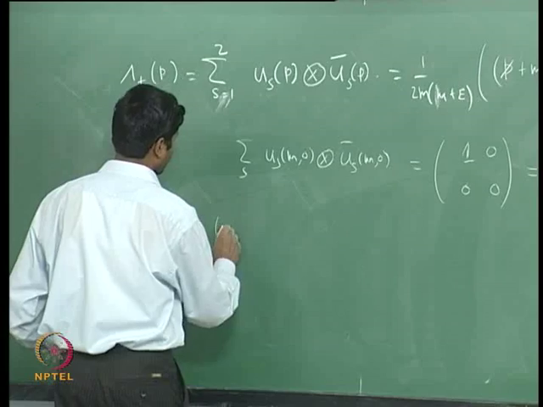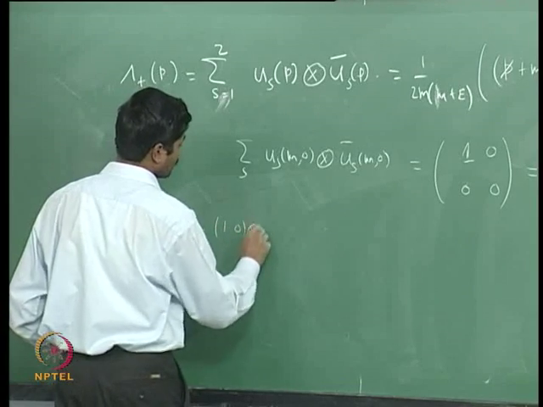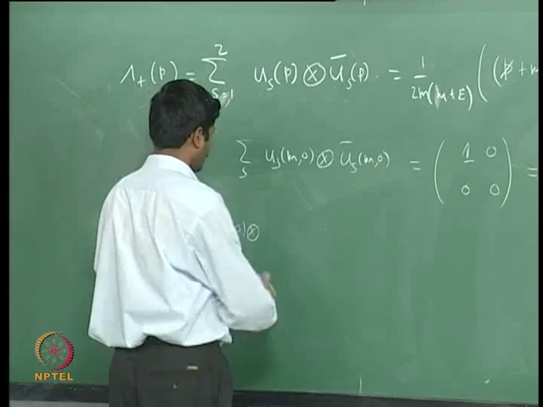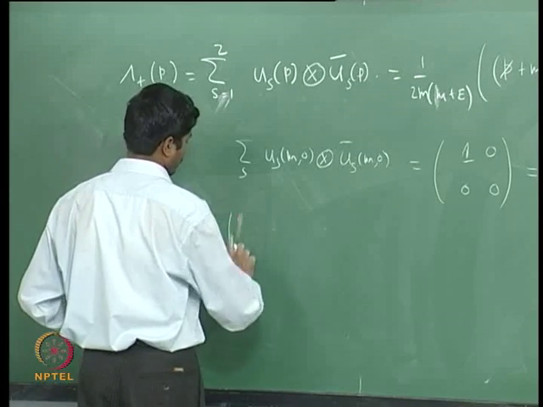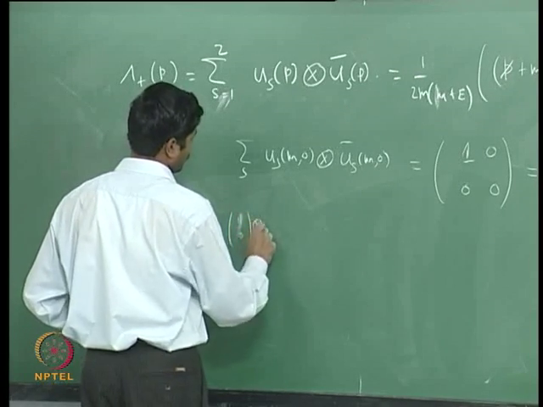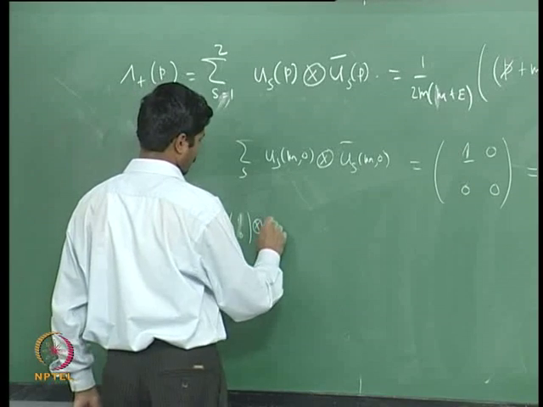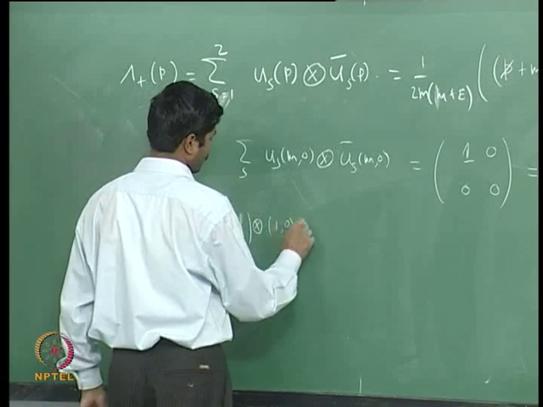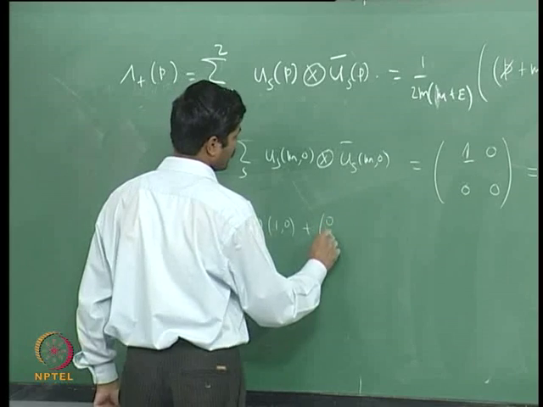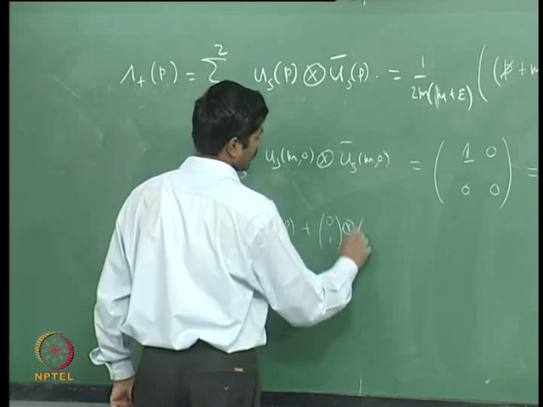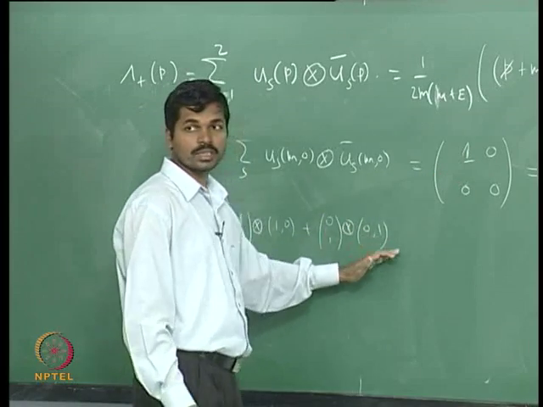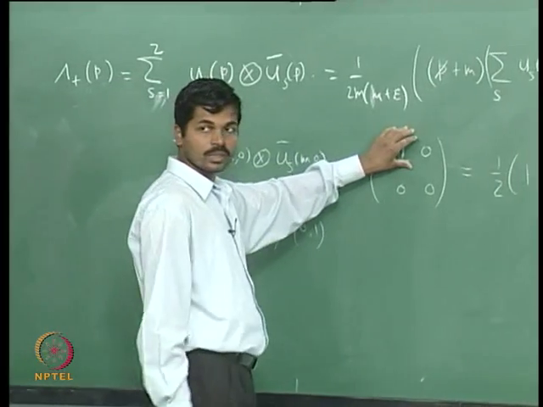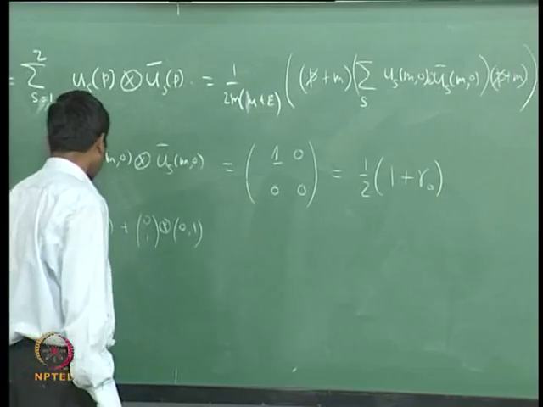So you have (1, 0) with (1, 0) plus (0, 1), which is nothing but the identity matrix in the first sector, and then all the other things are 0.